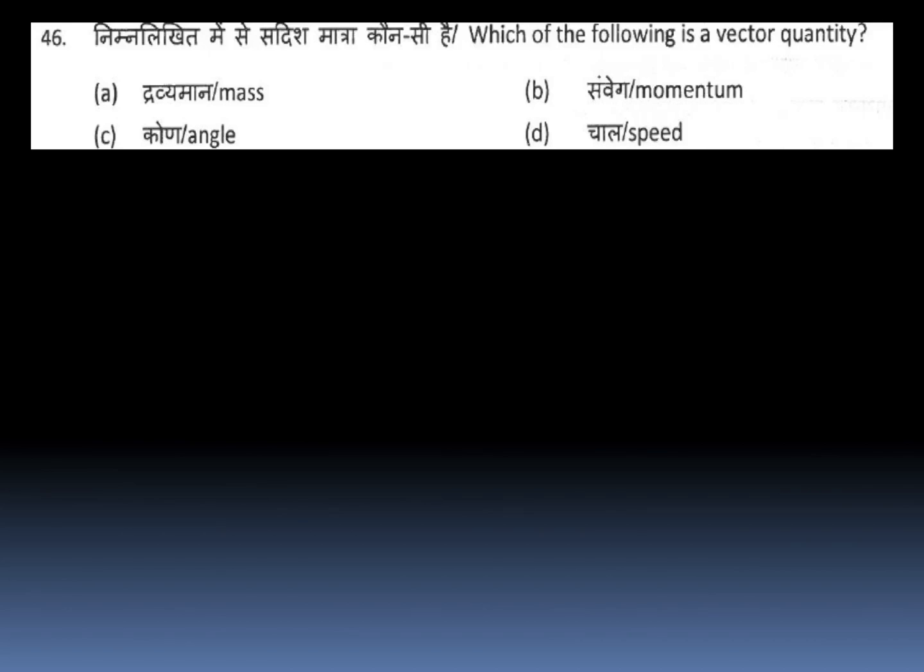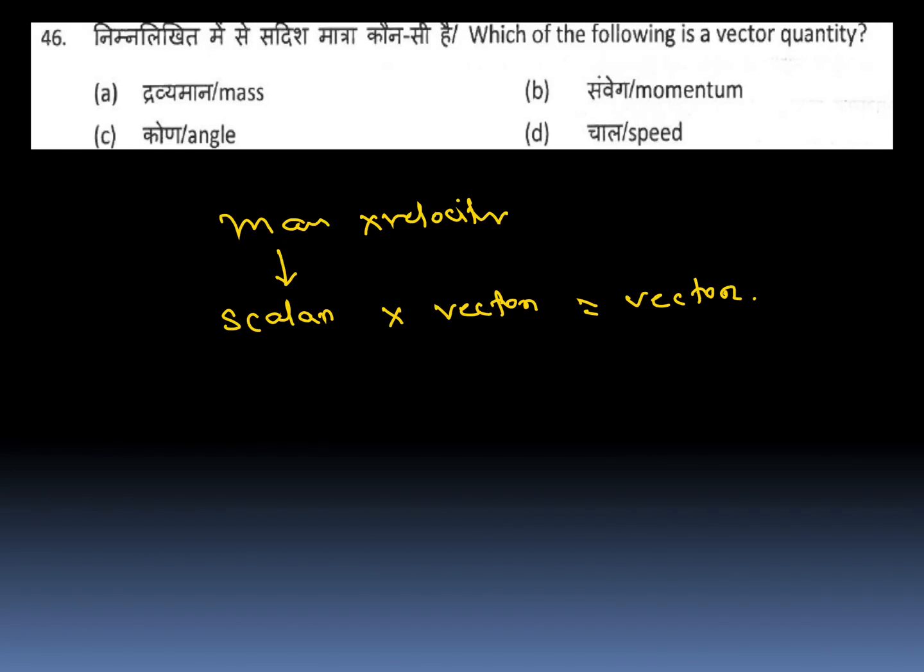Momentum is mass into velocity. Mass is your scalar quantity, it is multiplied with a vector quantity. Velocity is a vector quantity, so it will come as a vector quantity. So momentum is your answer.